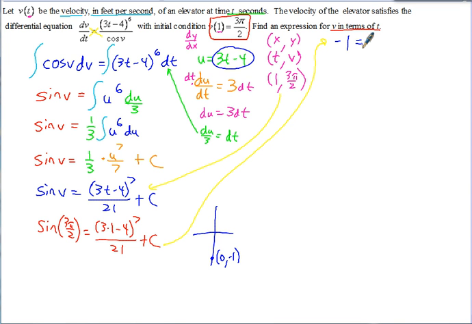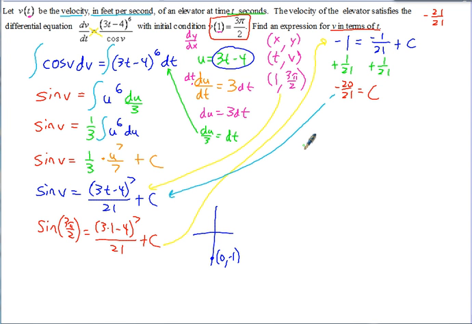And it simplifies, let's see, 3 times 1 is 3, minus 4 is negative 1 to the 7th, it's an odd exponent. So that'd be negative 1 over 21 plus c. And then to solve for c, we just add 1 over 21 to both sides. So c would equal, well, negative 1 is like negative 21 over 21, plus 1 over 21 gives you negative 20 over 21. So that's what you can substitute back in for c there.